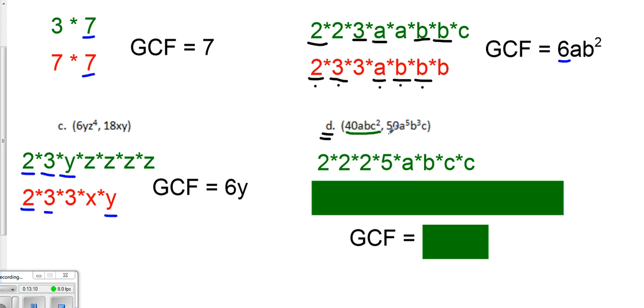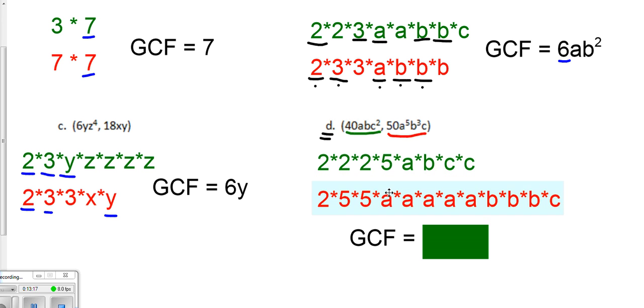Looking at the second monomial, 50, A to the 5th, B to the 3rd, C. 2 times 5 is 10, times 5 is 50. So these three numbers become 50. A to the 5th is A times A times A times A times A, 5 of them. B to the 3rd is B times B times B, 3 of them. And this C would just be the one C.